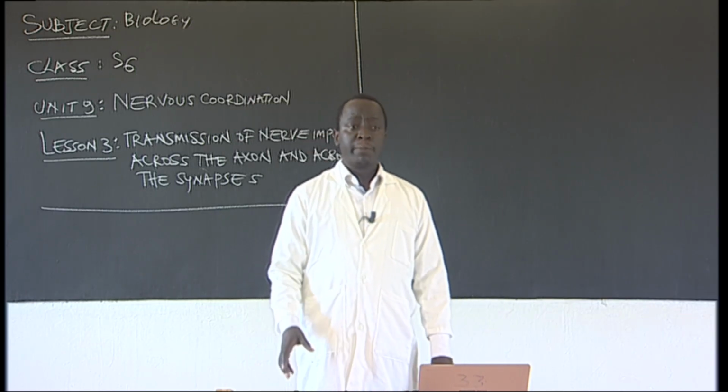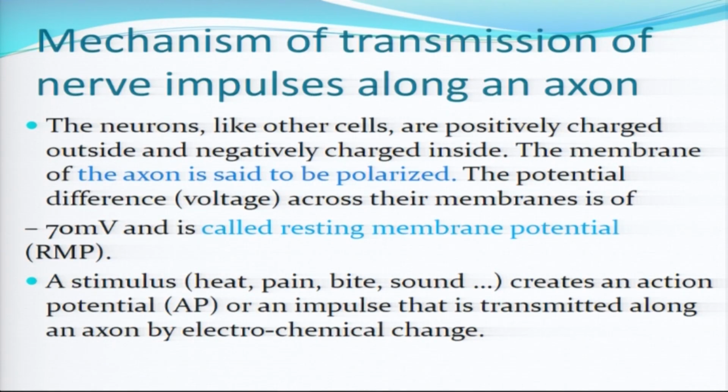So how does the electrical impulse work? Remember, when there is a stimulus such as temperature or pain, that stimulus has to be detected by what you call receptor cells. Receptor cells are located in our body, in different sensory organs.